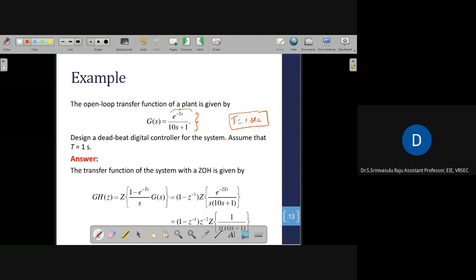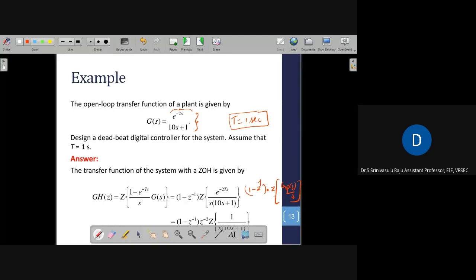So how are you going to prove it by using software? We will see here. All these things we know, because we know how to find G into H of Z, the Z transform of 1 minus e power minus Ts by S. So it is 1 minus Z inverse into the Z transform of Gp of S divided by S. We know this formula, right?